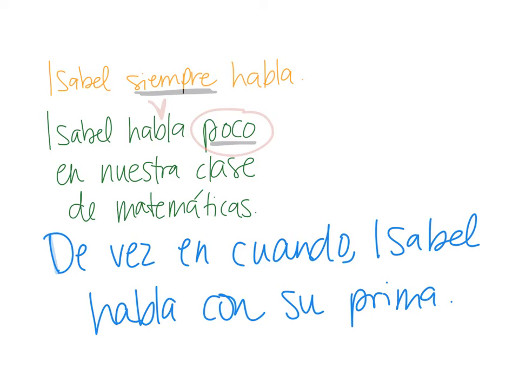Well, we have our adverb here, de vez en cuando. De vez en cuando means once in a while. Okay. Isabel habla con su prima. Isabel talks with her cousin.